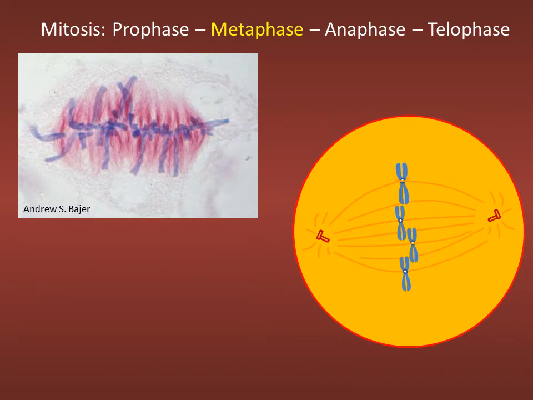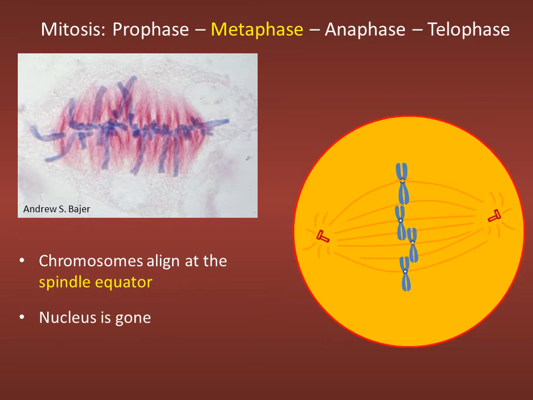In metaphase, the second phase of mitosis, we see the characteristic lining up of the chromosomes at what's called the spindle equator, simply the middle of the spindle. We can see that nicely here, where those chromosome centromeres attach to the spindle.